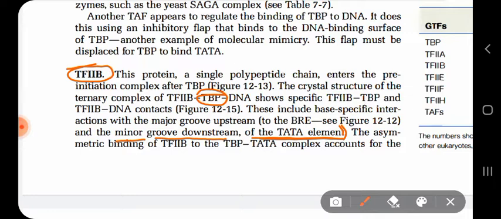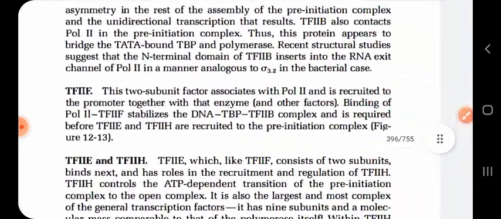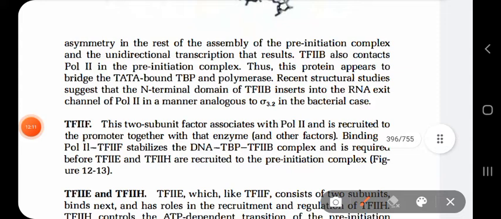Okay, let's move to the next page. More information about TF2B. TF2B also contacts the RNA polymerase II in the pre-initiation complex.